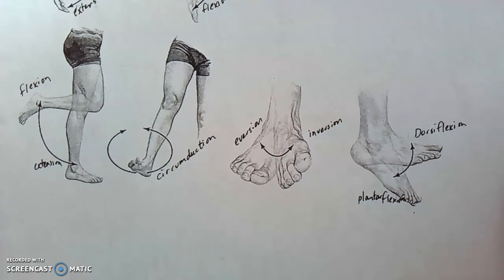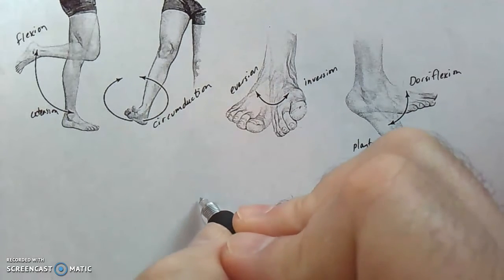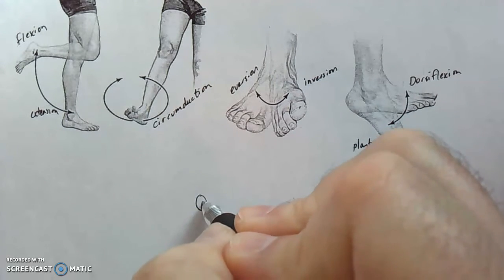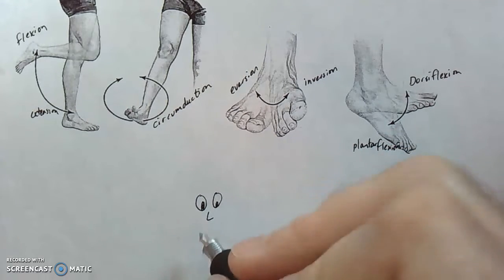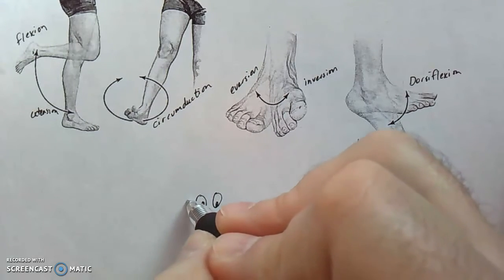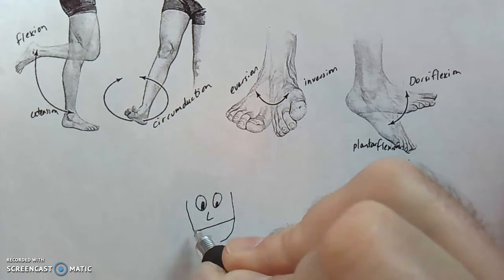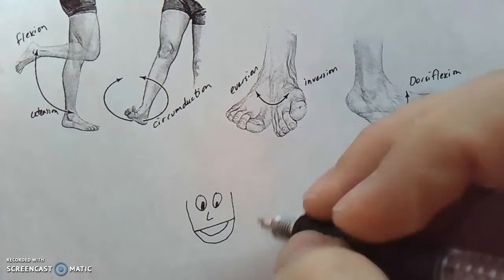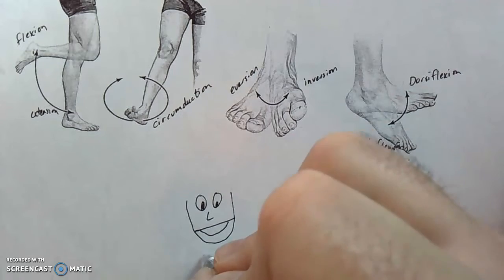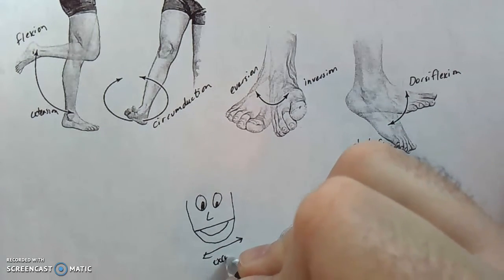So here we go with these diagrams. Now we're going to add one in, and we're just going to draw a little smiley face, and I'm going to draw kind of the jaw here. If we move the jaw side to side, that is excursion.